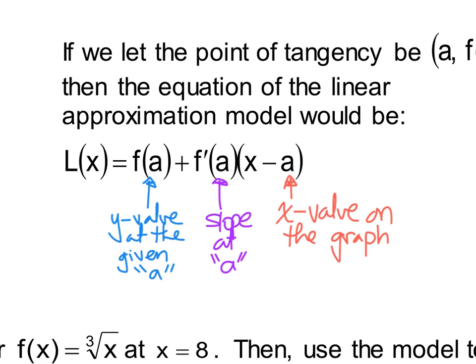So if you match those ingredients up with the point slope form of a linear function, you see it's very similar. You know, it's a little out of whack. The point slope form would be y equals m times the quantity x minus x sub 1 plus y sub 1.